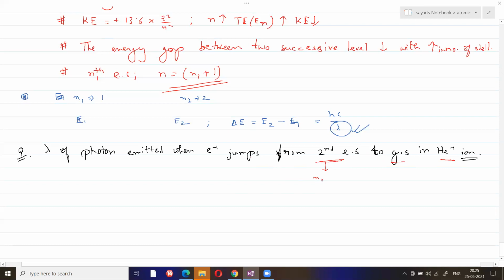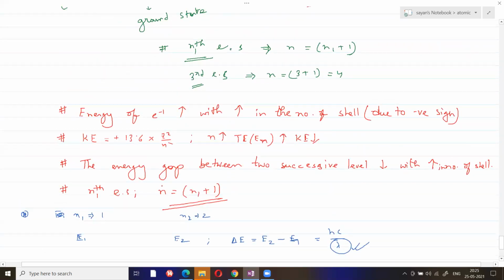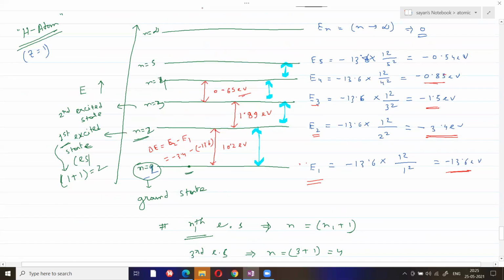Third excited state means the N2 value is 3, and the N1 value is 1. So you have to find del E, the energy gap between 3 and 1. What is the value? Just go through minus 1.5.